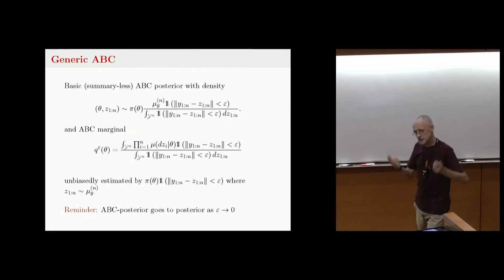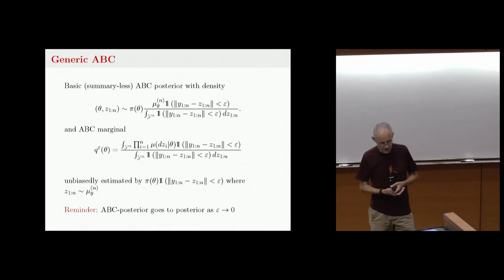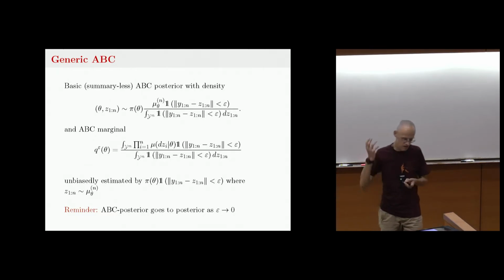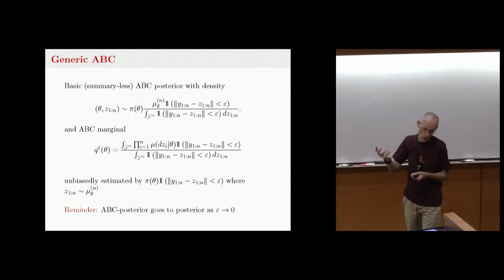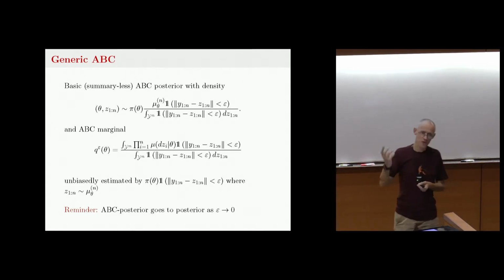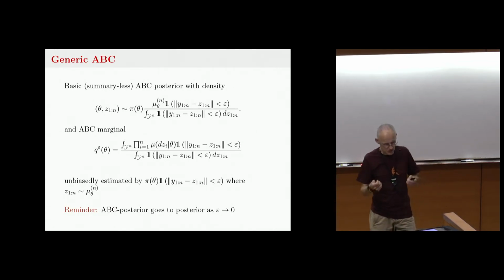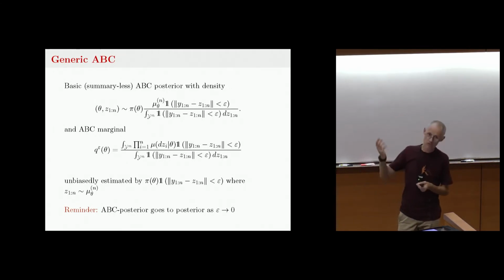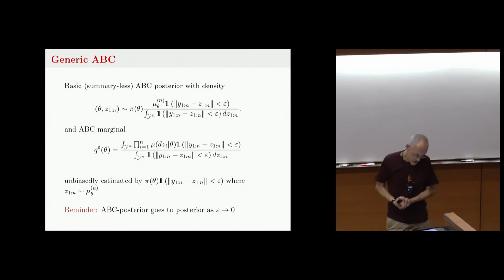So ABC can be seen in many different ways, but let's say that this is an auxiliary variable method where we generate both a parameter theta and a pseudo sample z_1 to n, and the auxiliary sample is there to run the simulation, because in the end what we're interested in is this pseudo posterior of theta given the data, that is the marginal of the joint of theta and z.